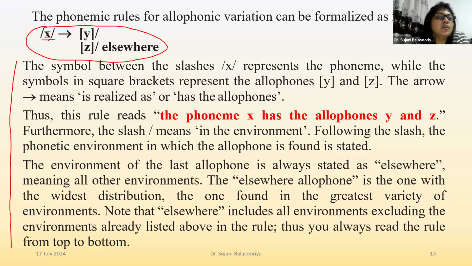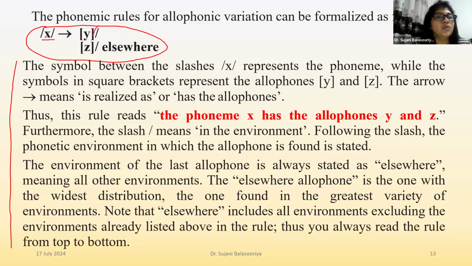So X becomes means X is realized either as Y or Z in particular environments. Then how do we read the rule? The phoneme X has the allophones Y and Z. There are two allophones, Y and Z.